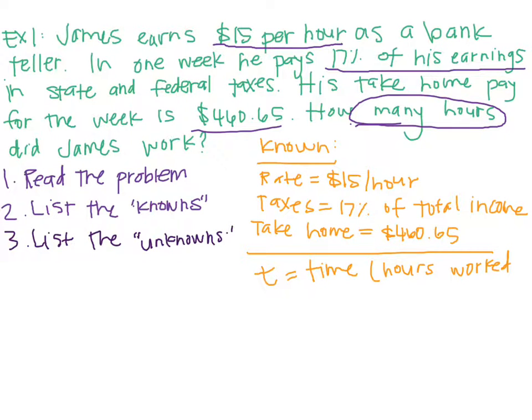Another thing that is unknown right now is his pay before taxes. I know that he took home $460.65, and I know that he had to pay 17%, but I don't know how much he got paid originally. So these things are my unknowns.